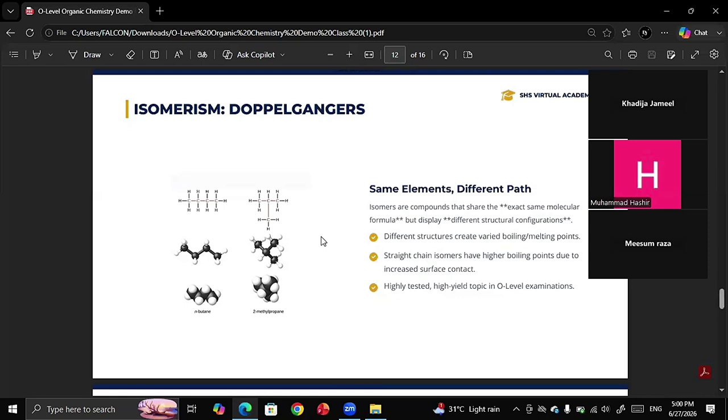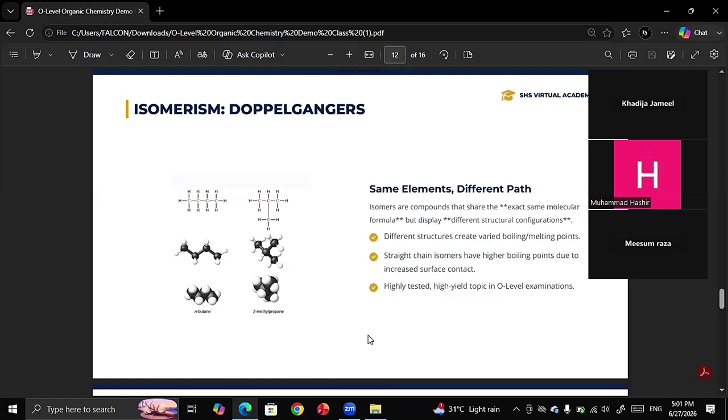They have the same chemical formula but different shapes and structures, and their properties, their boiling point and melting point, change with their shape. Straight chain isomers, which have only single bonds between them, have the highest boiling point due to increased surface contact.